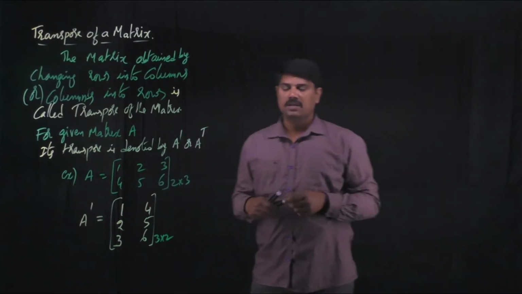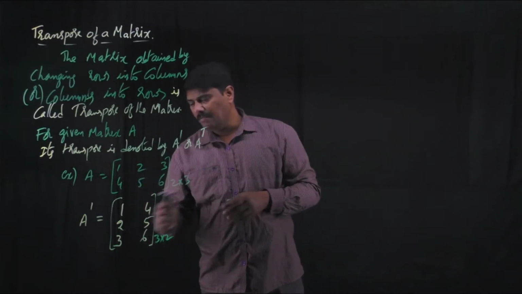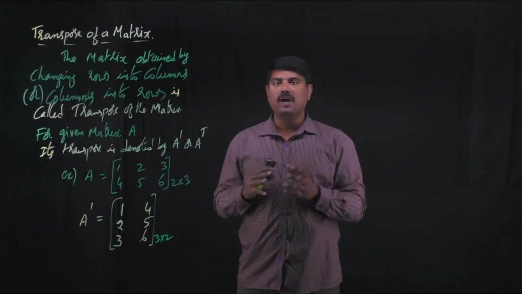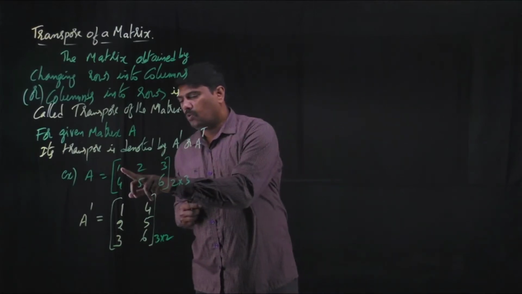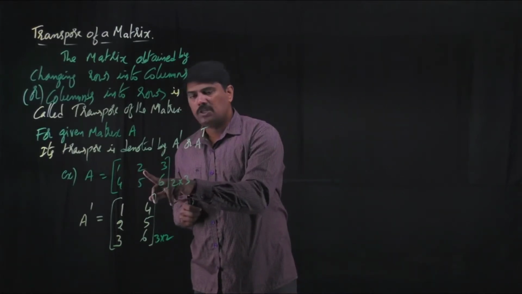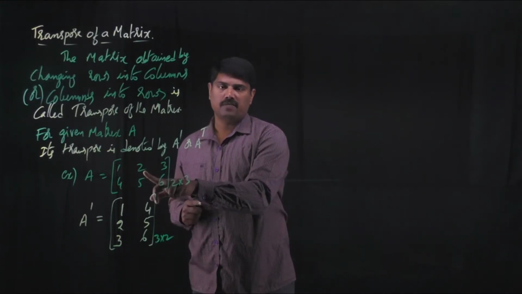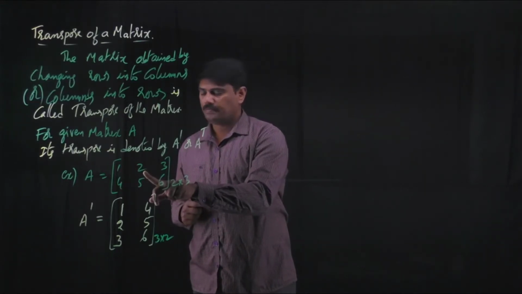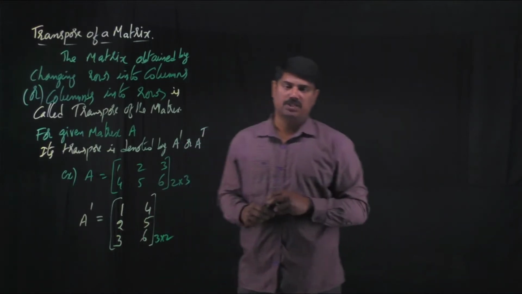Now, transposing a given matrix does not create new elements. Observe here the element 2: in A it is in the 1, 2 position, first row, second column, whereas in its transpose the 2 comes to the second row, first column.